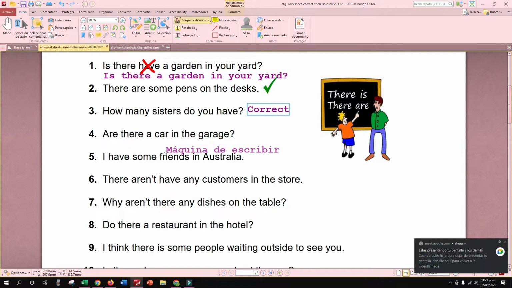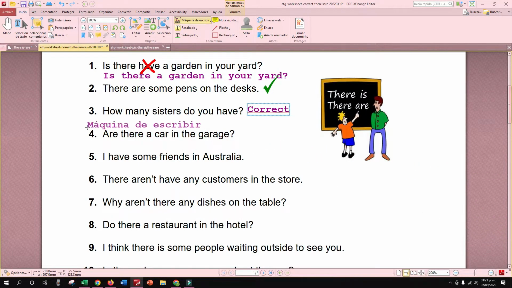What about number 4? Are there a car in the garage? Is it correct? Which could be the mistake? Porque está en plural y solo se habla de un carro. Perfecto.